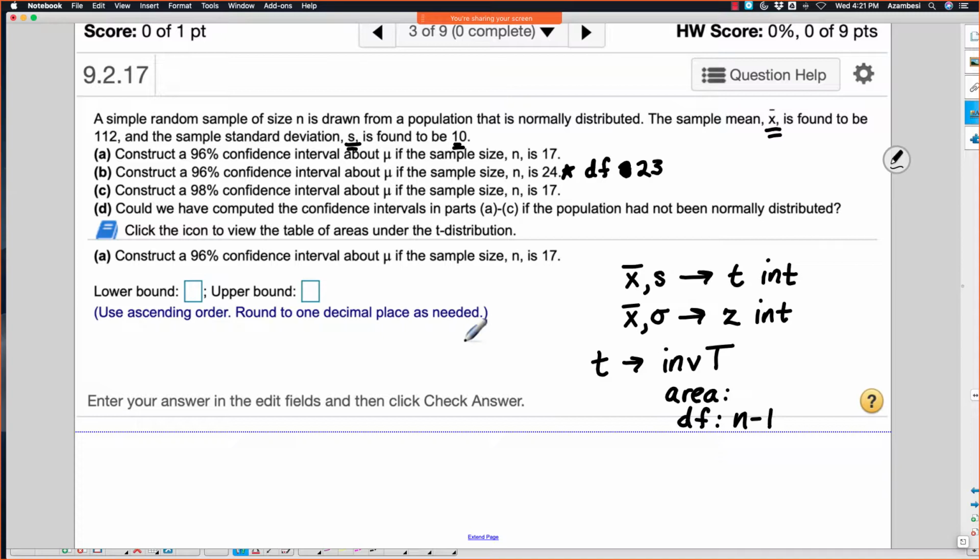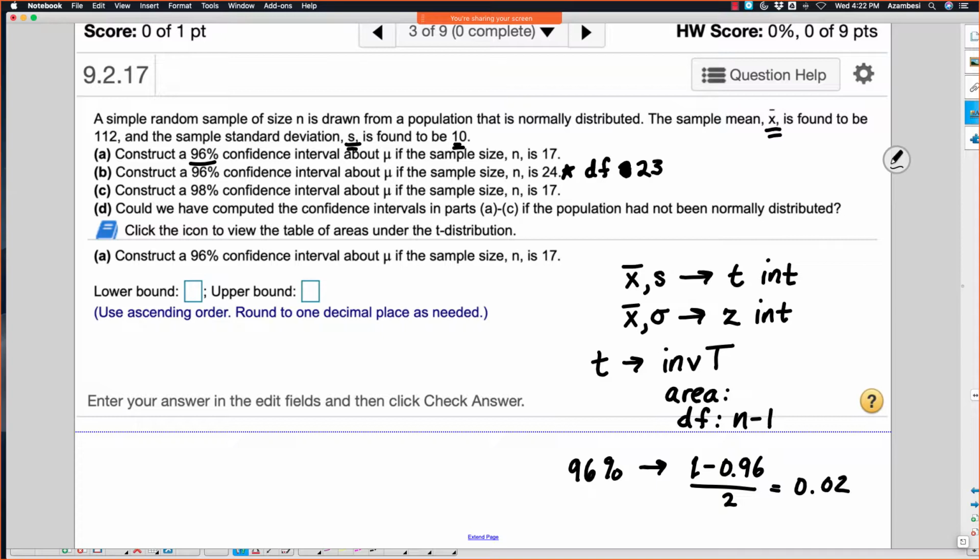So if we're looking for a 96% confidence interval, for example, if I need to find the t value that goes with the 96%, then we're using the same calculation. So we're going to do 1 minus 0.96 divided by 2. So 1 minus 0.96, divide that by 2, we get 0.02.